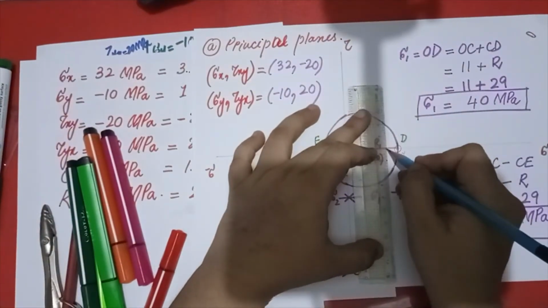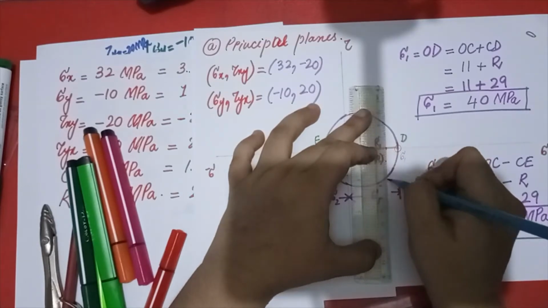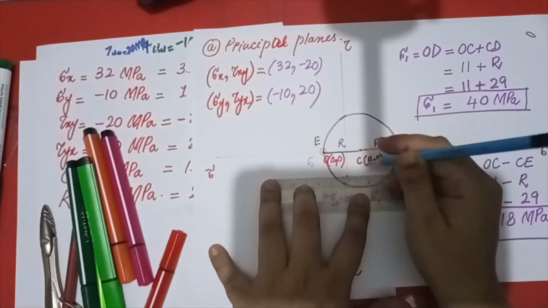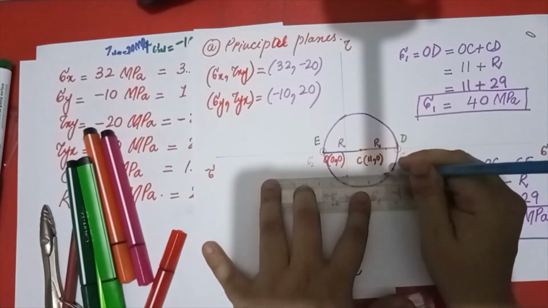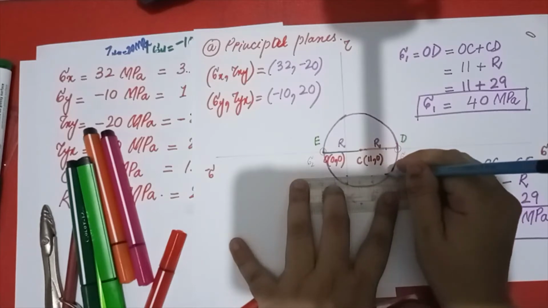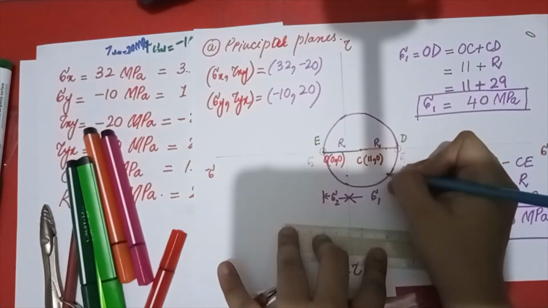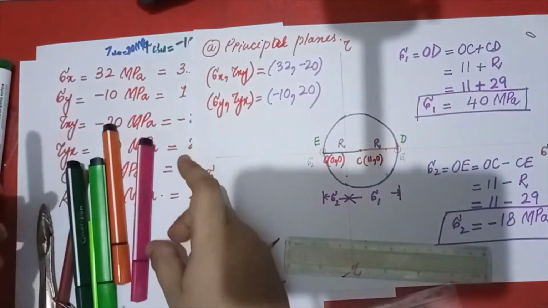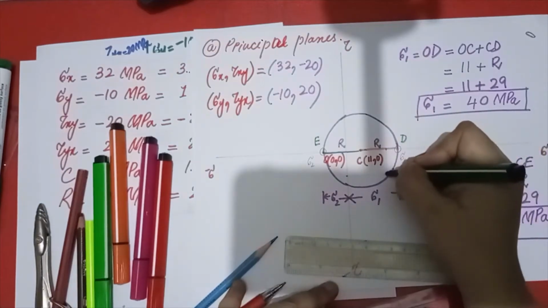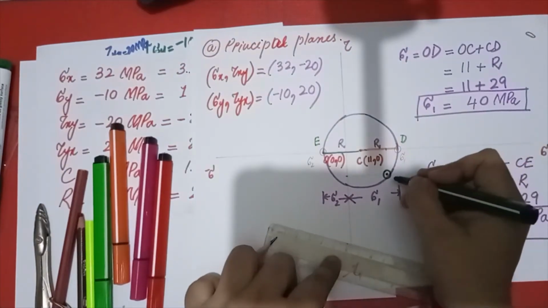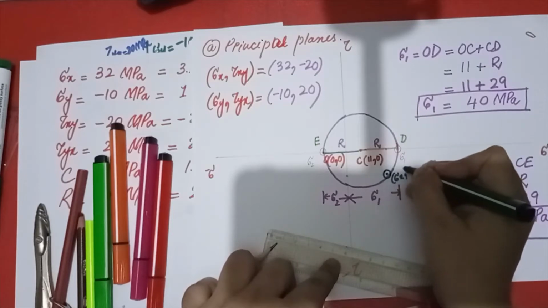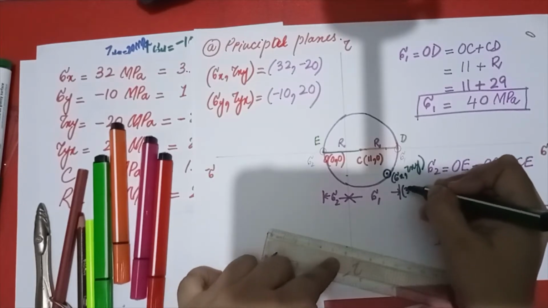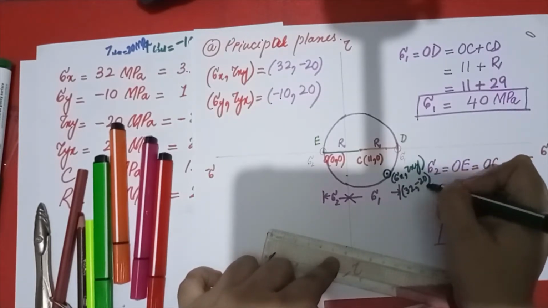I will drop the perpendicular from here, and where these 2 lines coincide, I will take my coordinates. So it is sigma x comma tau xy, and its values are 32 comma minus 20.